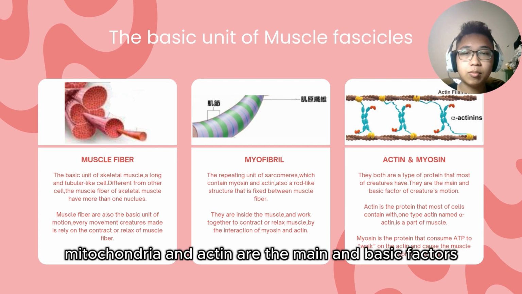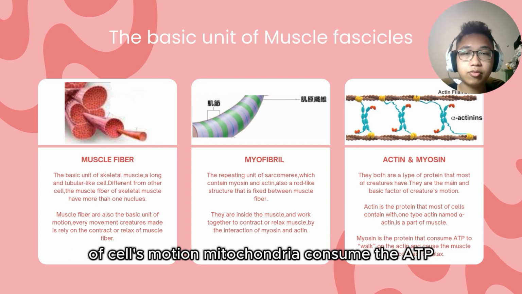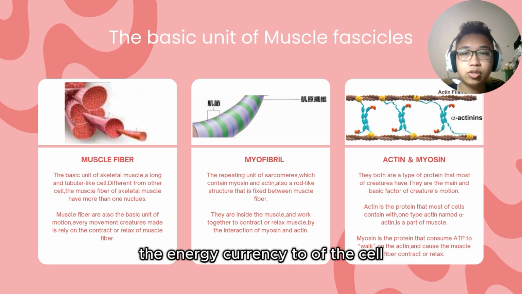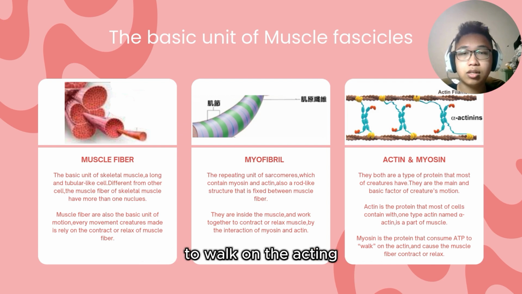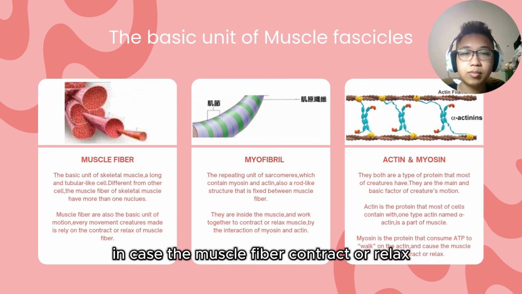Myosin and actin are the main basic factors of a creature's motion. Myosin consumes ATP, the energy currency of the cell, to work on the actin and cause the muscle fiber to contract or relax.